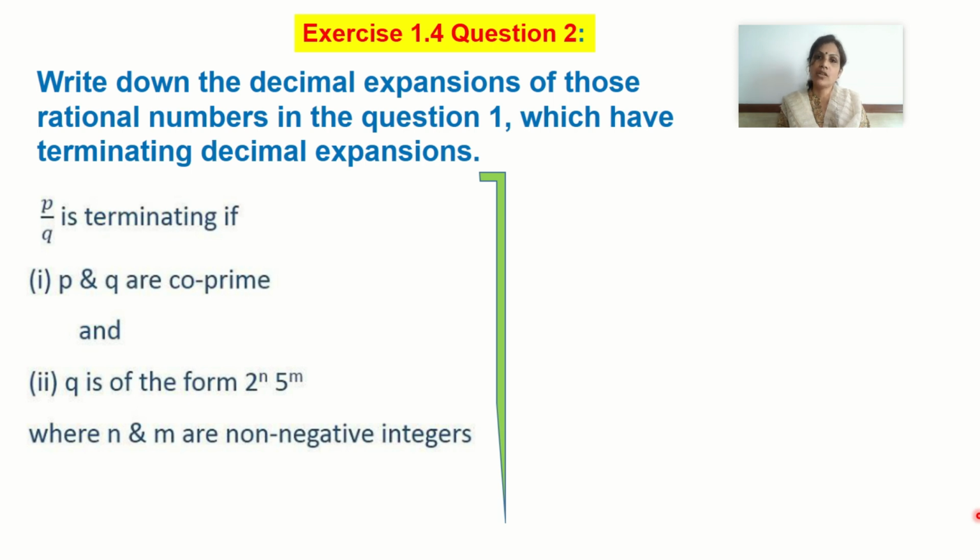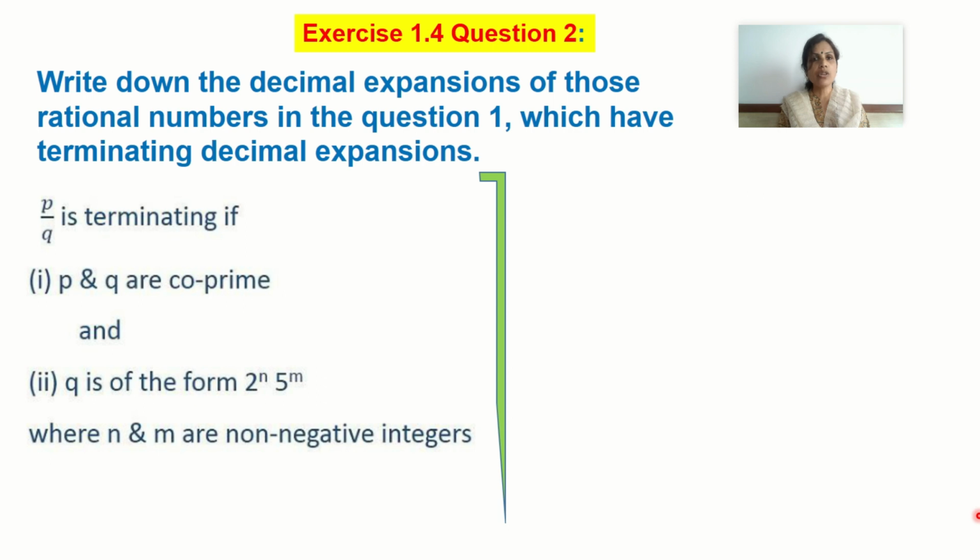If these two conditions are followed by the given fraction, then that particular number has a terminating decimal expansion. So we just found whether the given number has a terminating decimal expansion by applying these two properties.